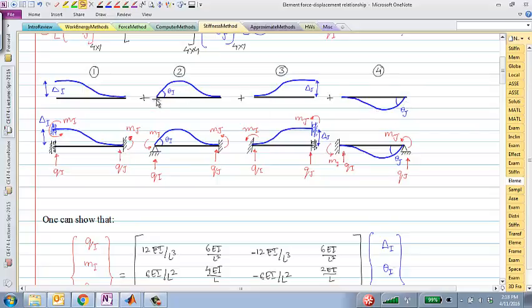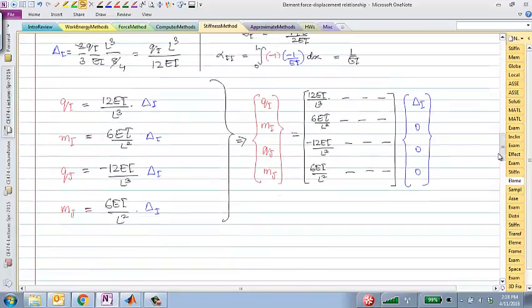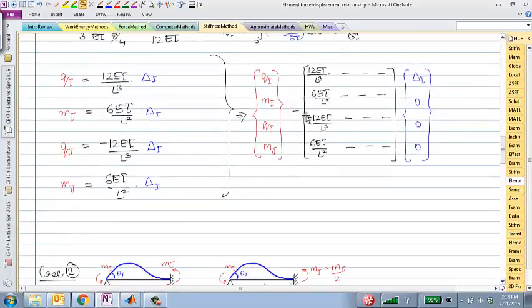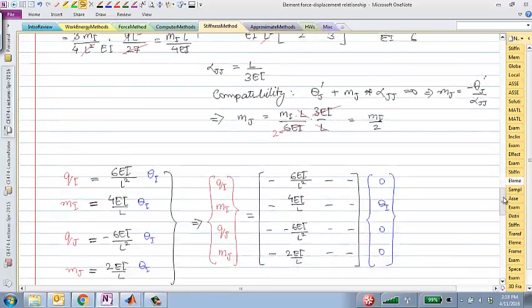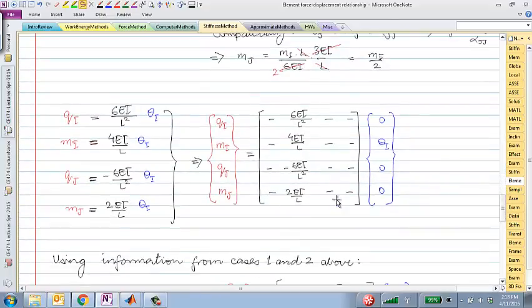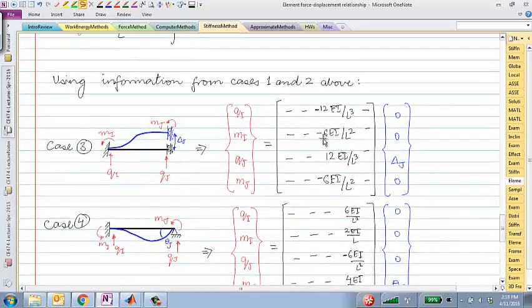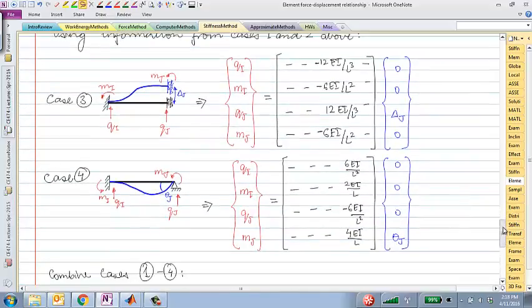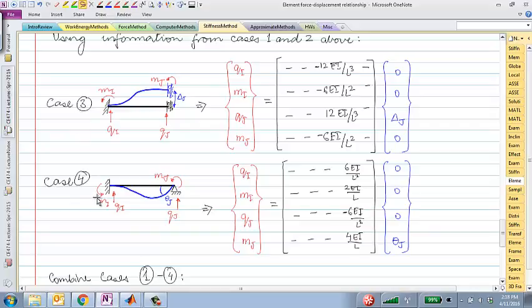So in case 2, we apply a moment here, find the rotation. In case 4, we apply a moment at the right end and find the rotation here. So it's exactly the same problem. You can use the same stiffness coefficients, but take care of the signs appropriately. And when you do that, you can take all of those, this first column, this second column that we just calculated, and similarly the third and the fourth column can be computed for case 3 and case 4.